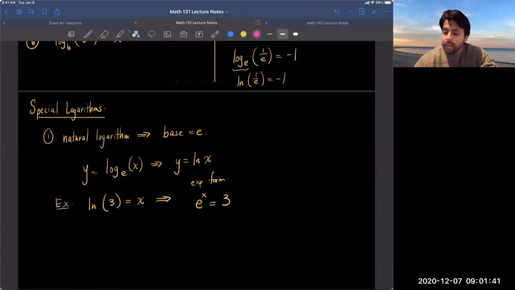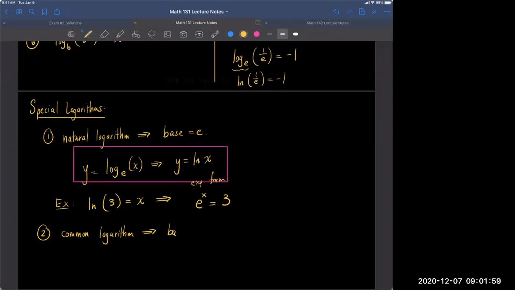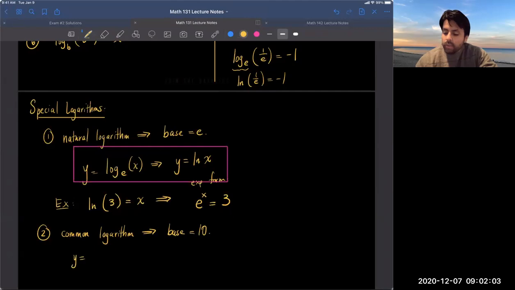Okay? And there's another one called the common log. Does anybody know what the base for the common log is? Is it 10? It is. So if I say y equals log base 10 of x, I'm not going to write base 10 because it's so commonly used.